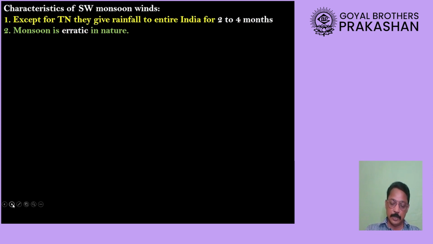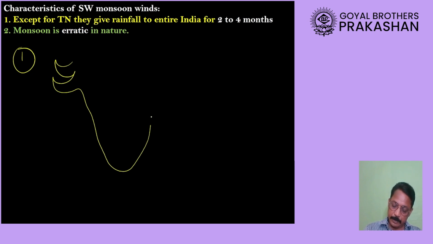Now some more characteristics of the southwest monsoon winds. The first characteristic, please see here, if I draw this India, here is the state of Tamil Nadu, here is Eastern Ghat, here is Western Ghat.